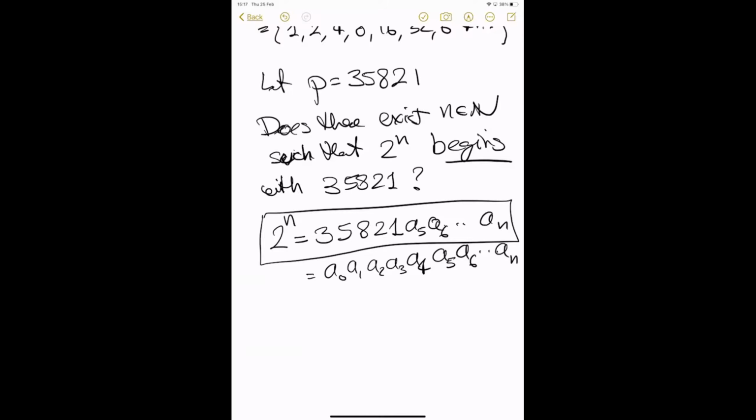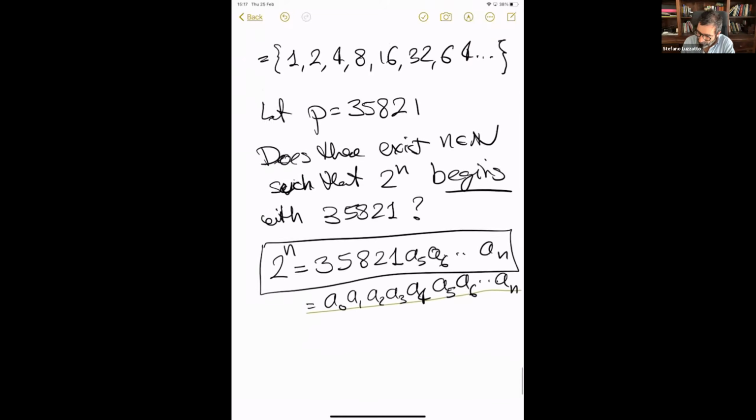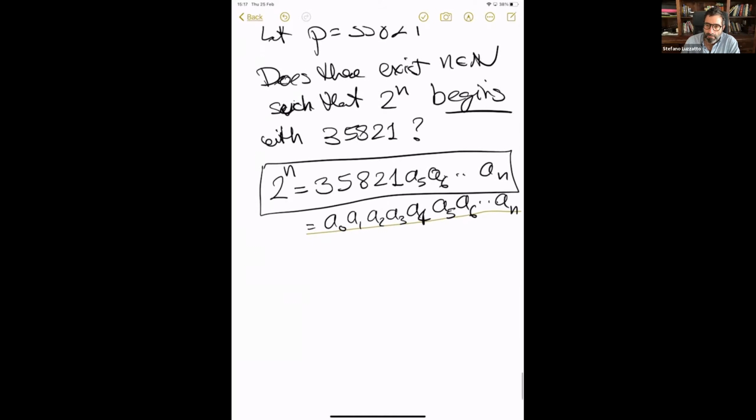Consider residues, mod something. Mod what? You're looking for some connection, and somehow what we did before is we looked at some recurrent something that had to do with mod 1.